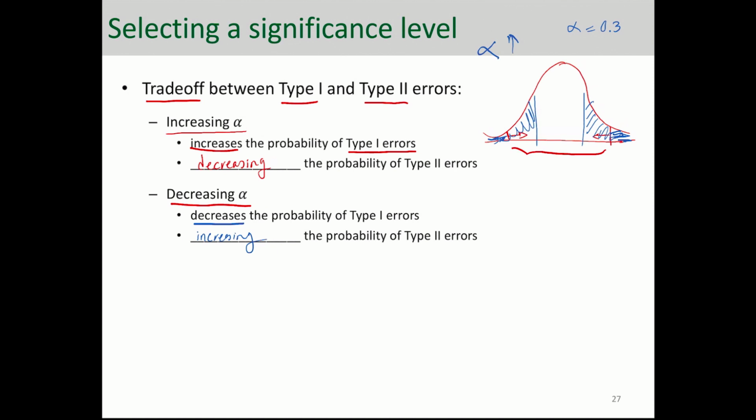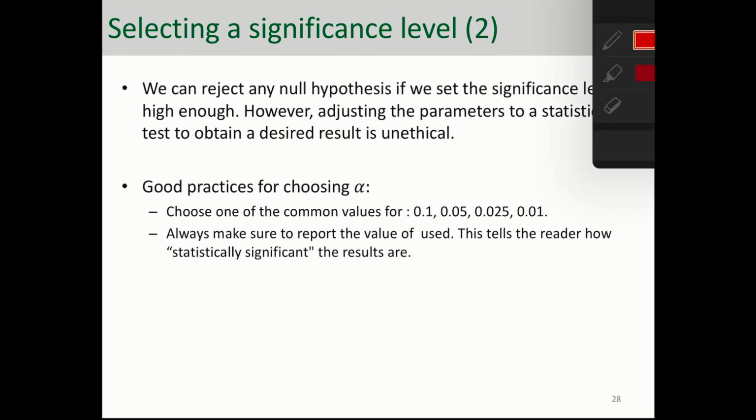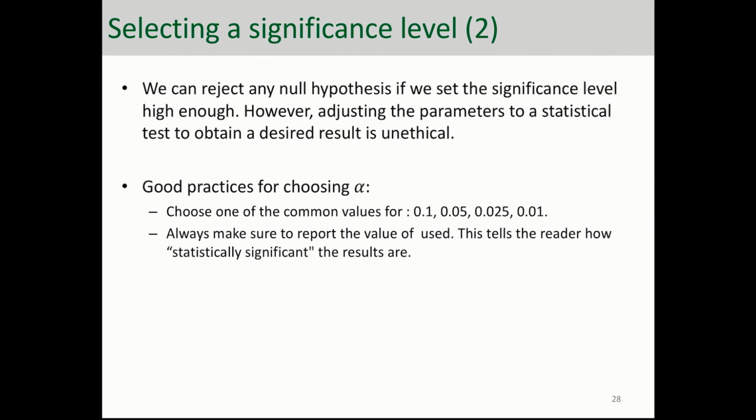So there is a way to manipulate the outcome of the test if any of the outcomes is your favorable outcome. But there are rules to select alpha. You cannot just select any alpha. We can reject any null hypothesis if we set the significance level high enough. However, adjusting the parameters of a statistical test to obtain a desired result is unethical.